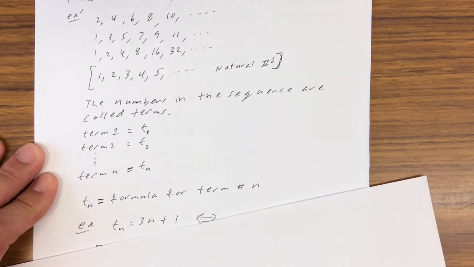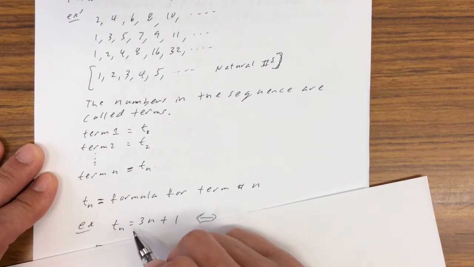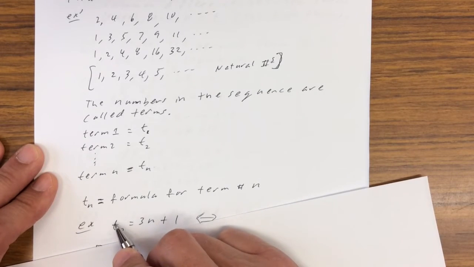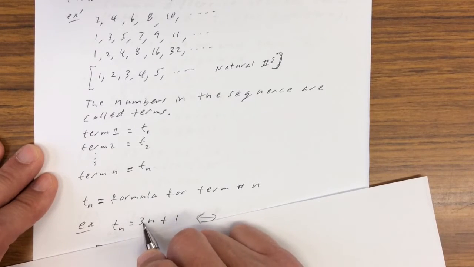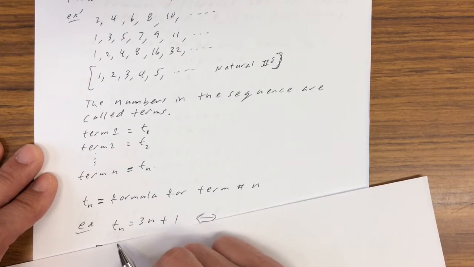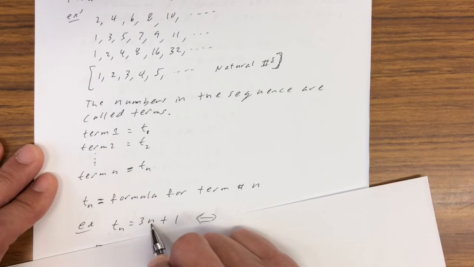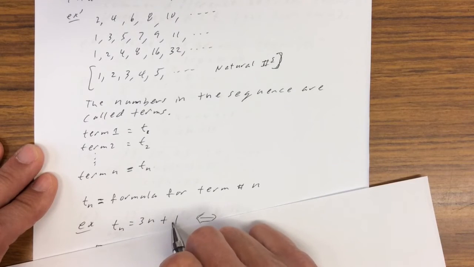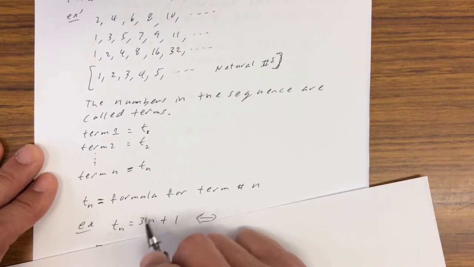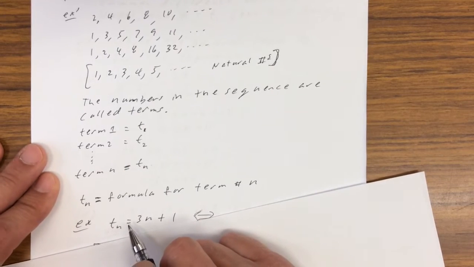So if I want to calculate any term in this sequence, I have to know what n is. So if I want to calculate term 1, well then T1 would be 3 times 1, which is 3, plus 1, and that makes 4. T2, so T subscript 2, would be 3 times 2, which is 6, plus 1, which is 7.